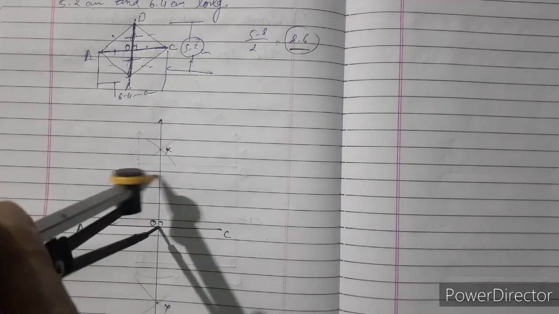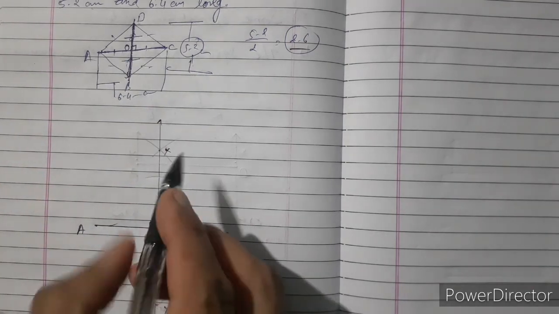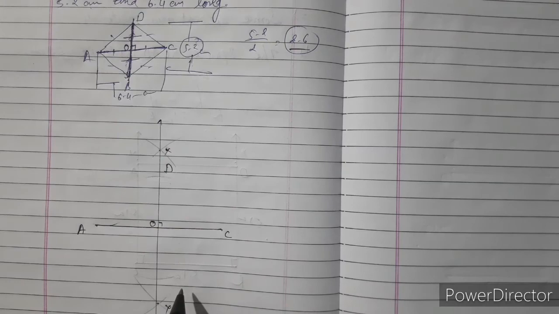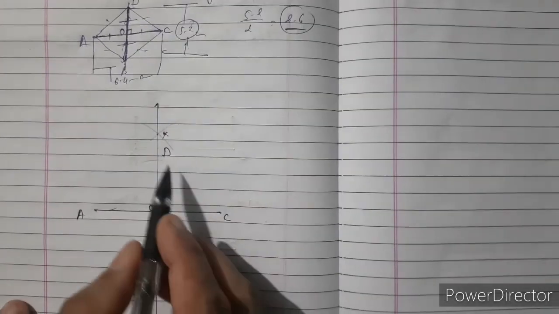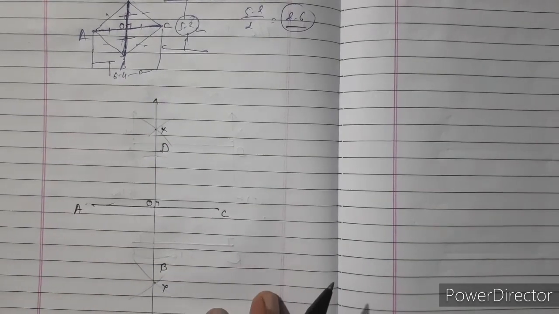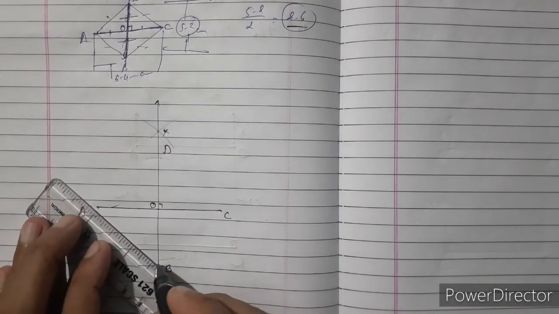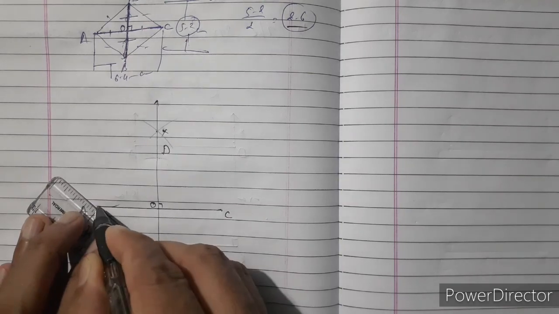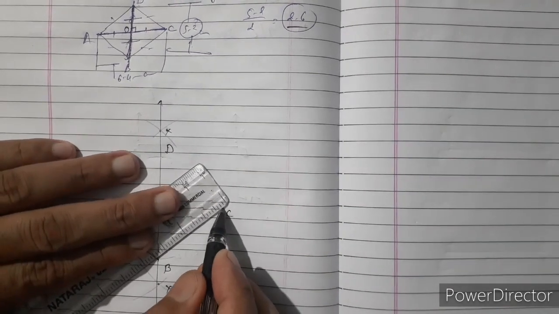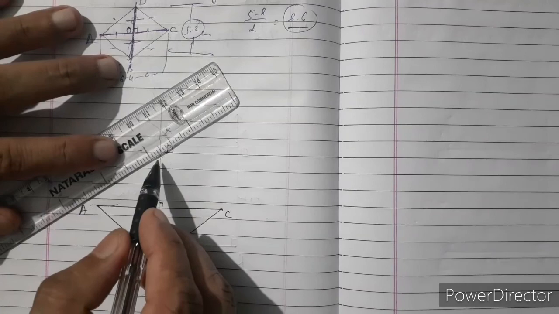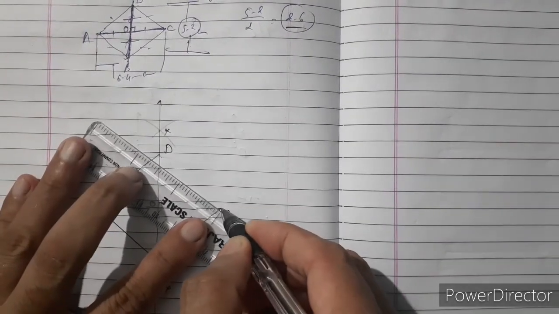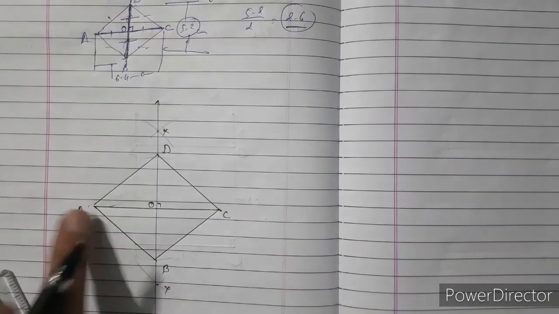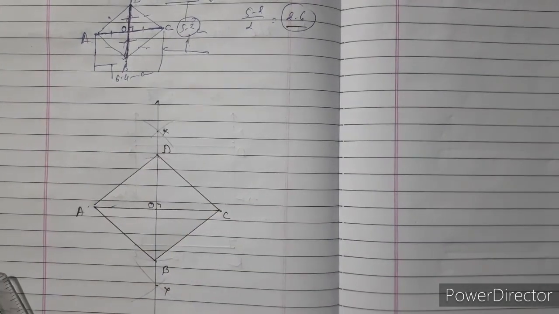The intersecting points are D and here B. Then join B with A and C, and D with A and C. Draw AB, BC, then AD and DC. So here ABCD is the required rhombus, the required quadrilateral.